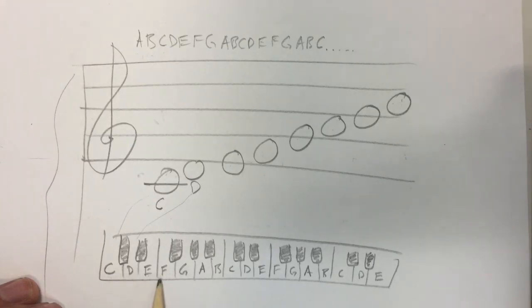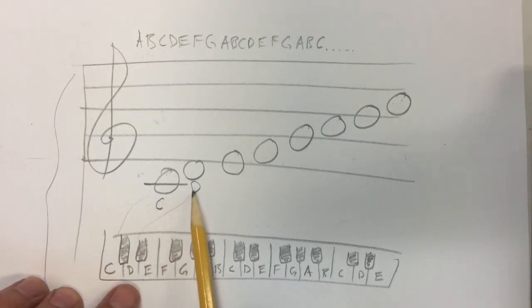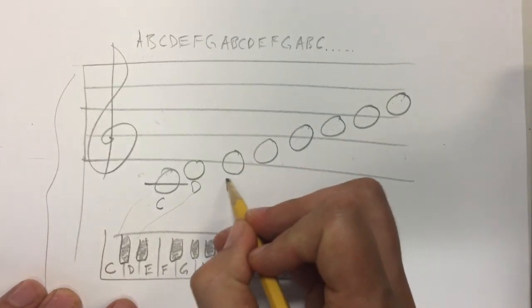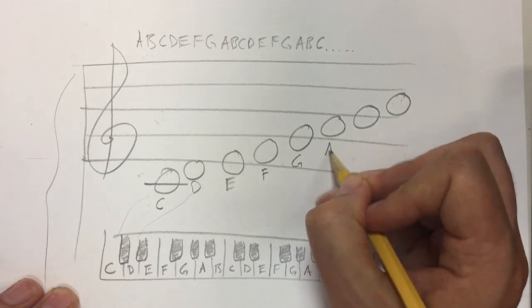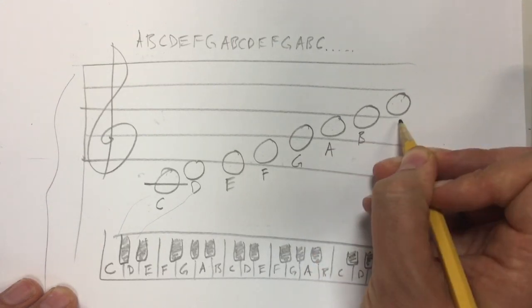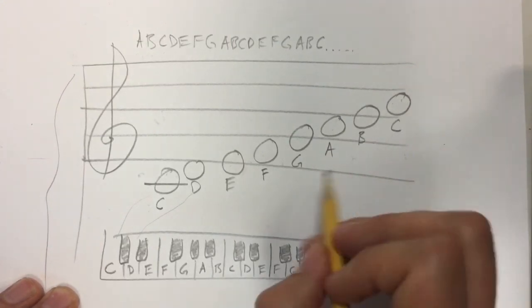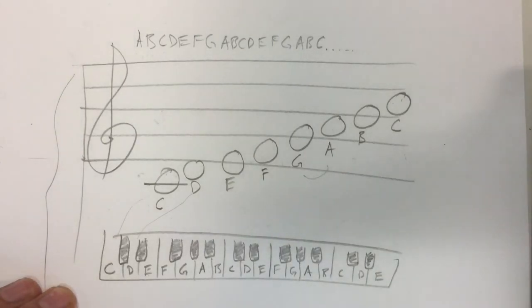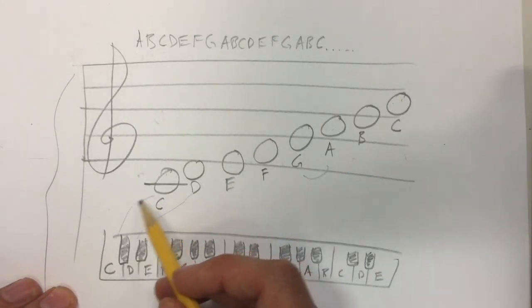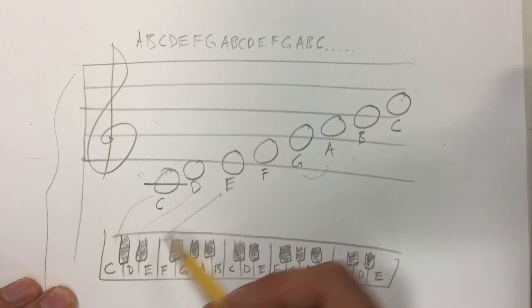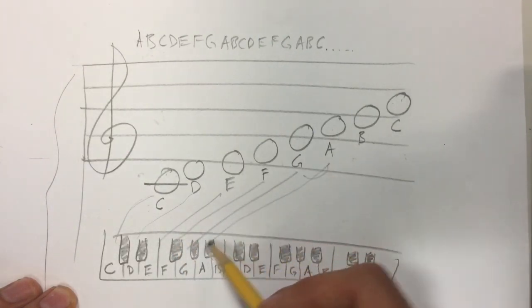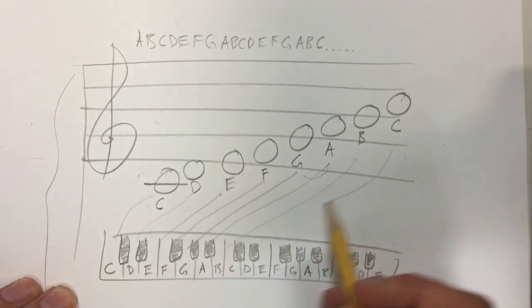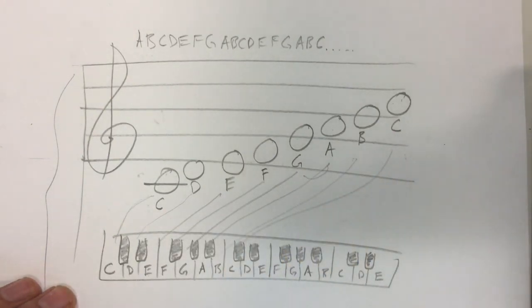The way we would write that is this would be C, this would be D, this would be E, F, G, A, B, and then C right there, right? Notice we have to start over after G. And so this C might be played here, D, E, F, G, A, B, and then you got C right there.